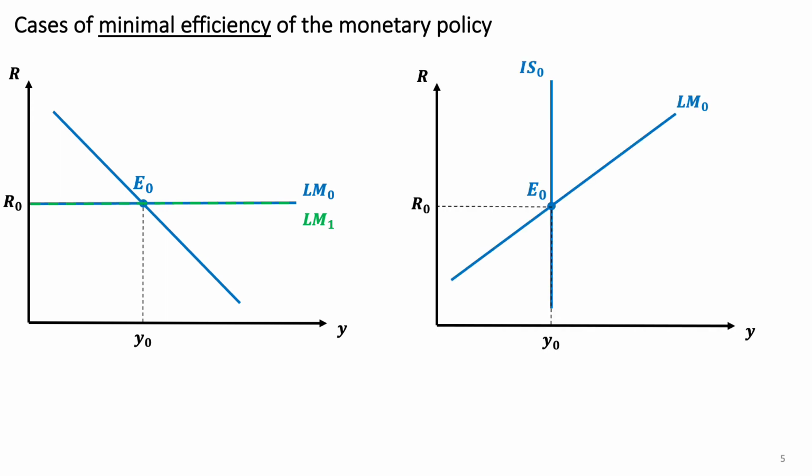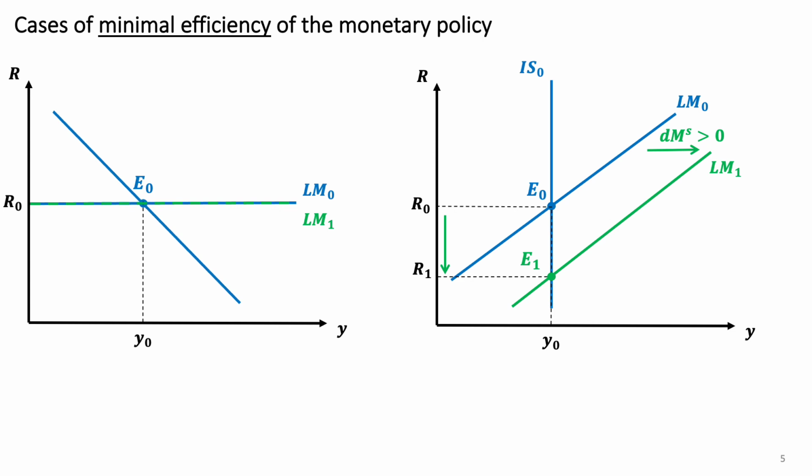Second case of inefficiency, when the channel of the interest rate does not work. In other words, when the investment is perfectly inelastic to the interest rate. In this case, the interest rate decreases due to the monetary policy, but this does not increase investment, because in this case, investment depends on other factors.